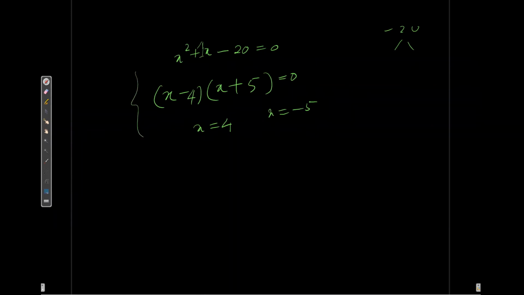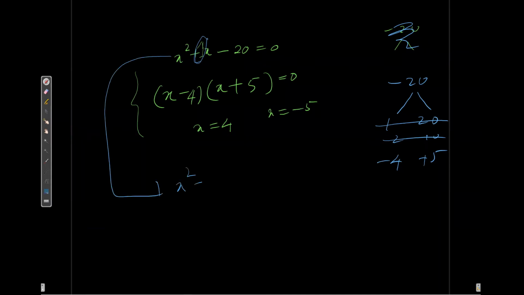Or if I do, let me show you. If I do it like this here, negative 20, you check for combinations. So 1 and 20, it doesn't work, 2 and 10, it doesn't work, and 4 and 5. It seems I can make number 1 using 4 and 5, and I did plus 1, so plus and minus. What you need to do then, x squared minus 4x plus 5x.